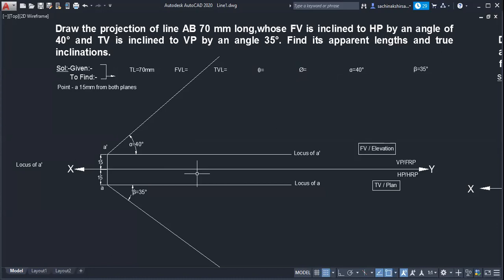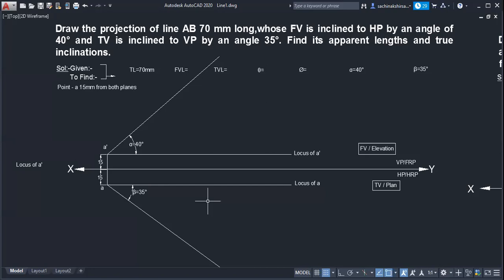Here it is necessary to assume one point in between points A and B. So let us assume one point. In the front view or in the top view, where should I assume one point? Front view.